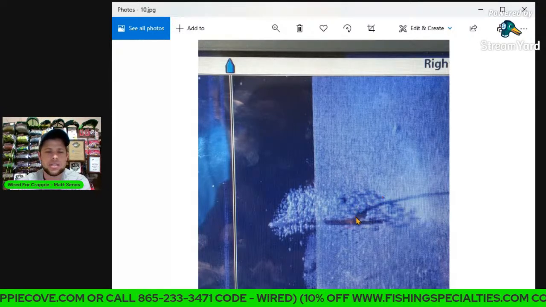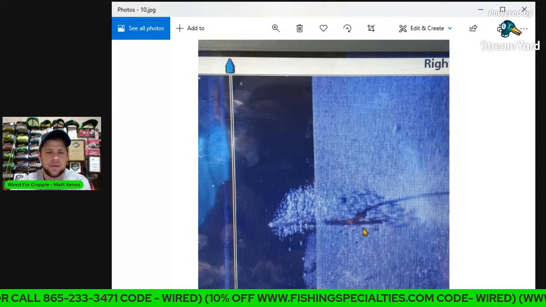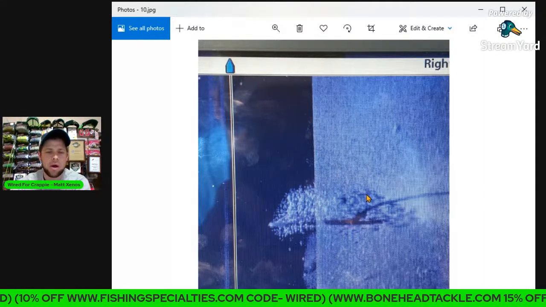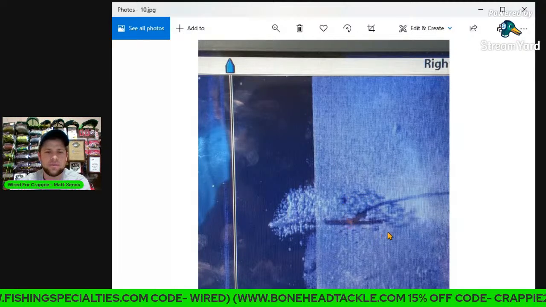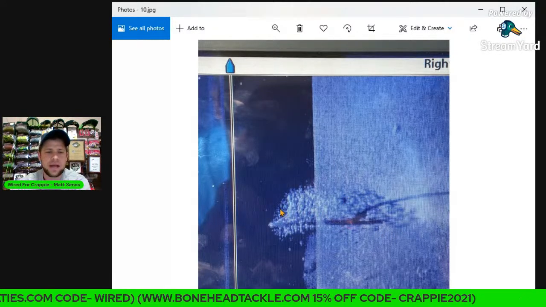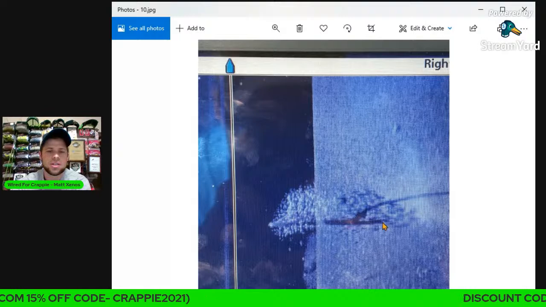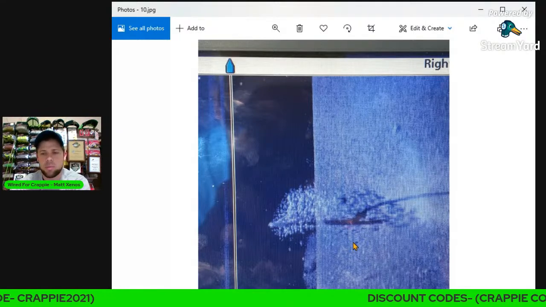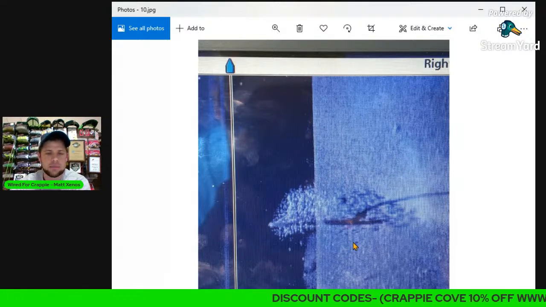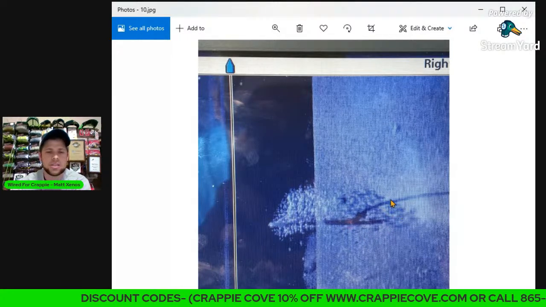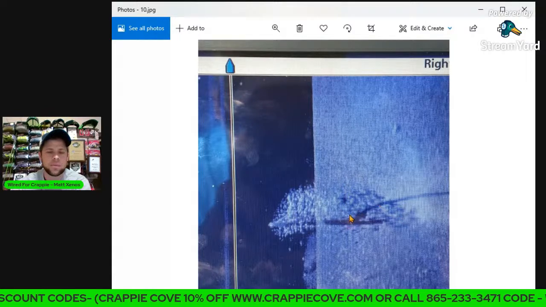The reason I say this is crappie is because you can see the individual dots, okay? In that shadow ball, you can see the individual dots of fish. So yes, these fish are packed tight on that structure, but you can see the individual dots of the fish. And I'm going to show you here in just a little bit what bait looks like. You will not get these individual dots or shadows on the lake bottom, okay?